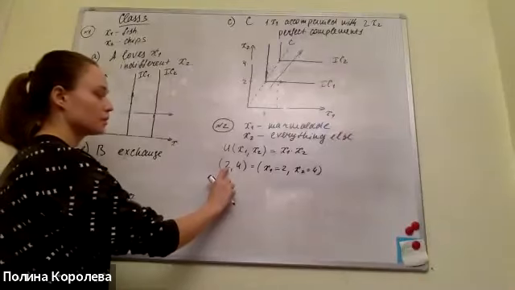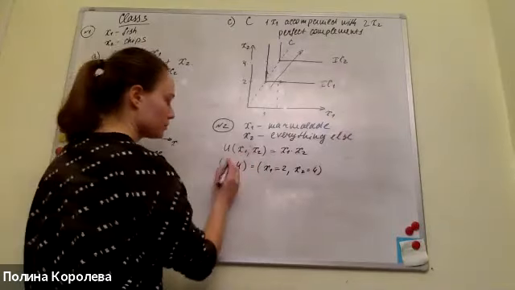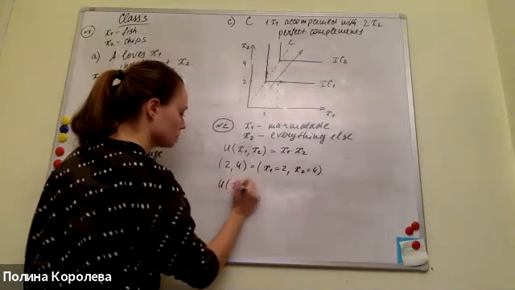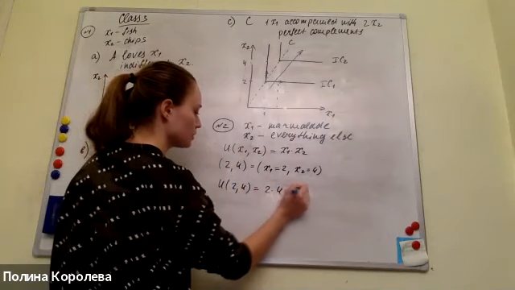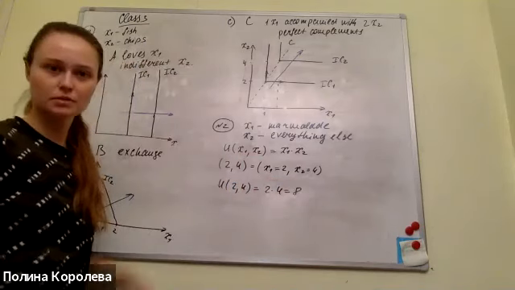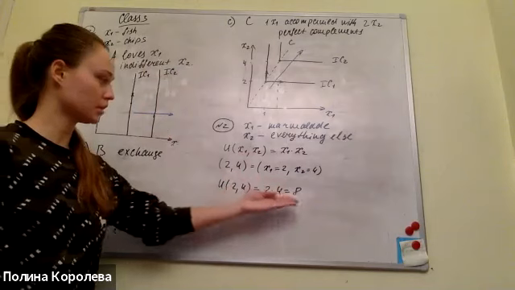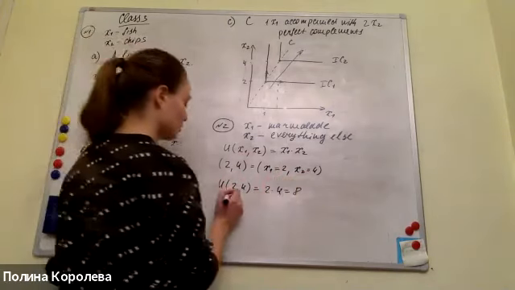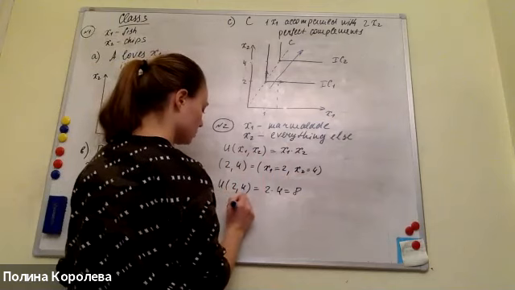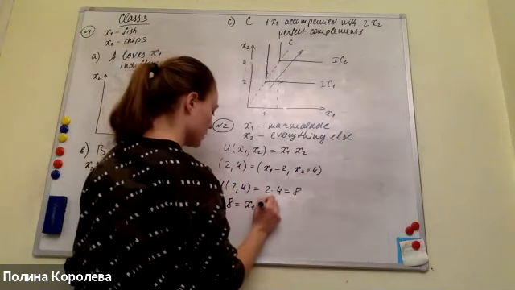So we have 2, 4. The utility level at the point 2, 4 will be 2 multiplied by 4. It is 8. Yes, this is the utility level that we will get from consumption of such a bundle. So 8 will be equal to x1 multiplied by x2.